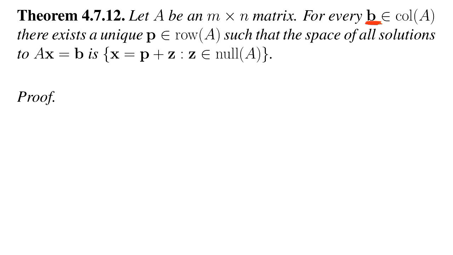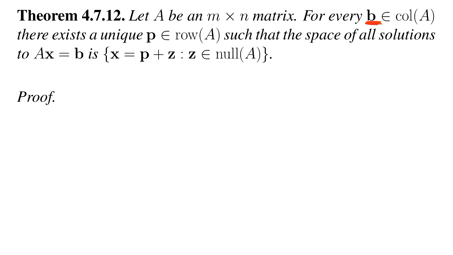What we said previously was that if you had a solution, you could add a homogeneous solution to it and you still got a solution. But now we're saying there's one unique solution that's outside the null space. That's your particular solution. Every other solution is that thing, which lives in the row space, plus something from the null space. So it's a more precise version of what we had previously.